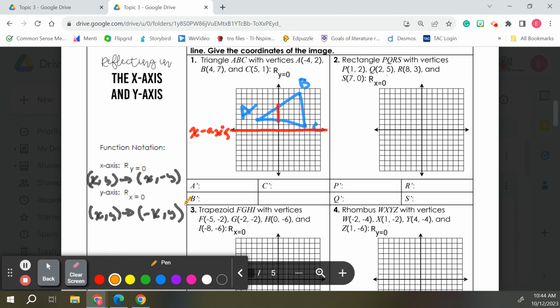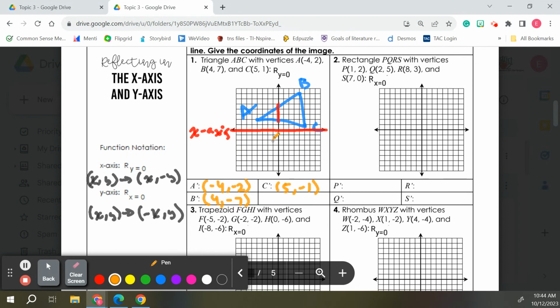So if I want to label these points A prime, I'm just going to switch the y to a negative. So this will be -4, -2. My B prime would be 4, -7. And my C prime would be 5, -1. And that's what I'm going to graph here.